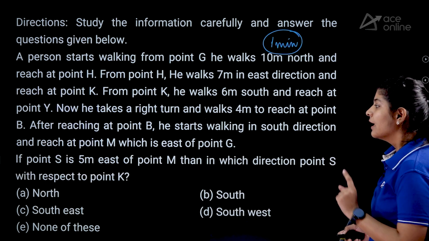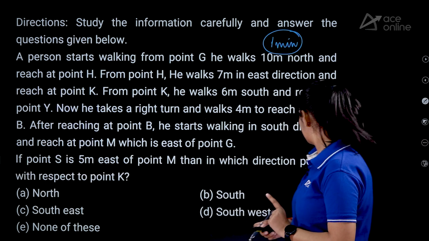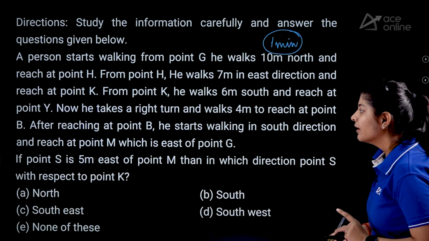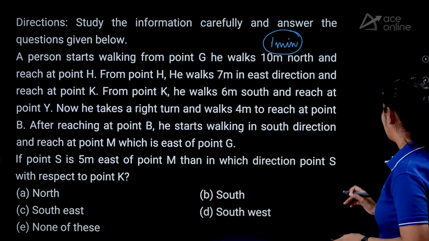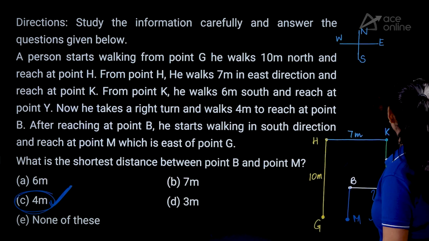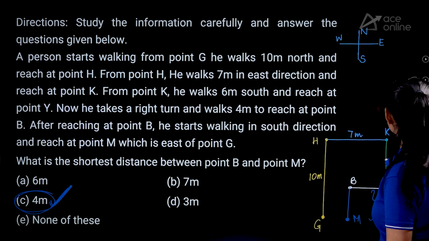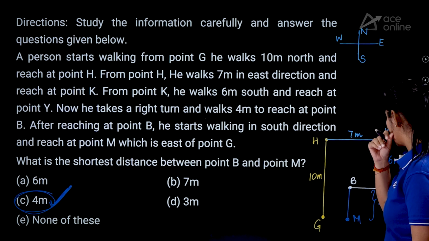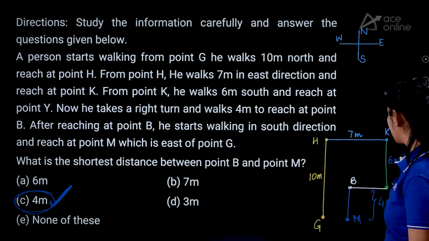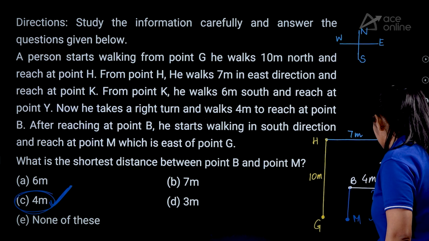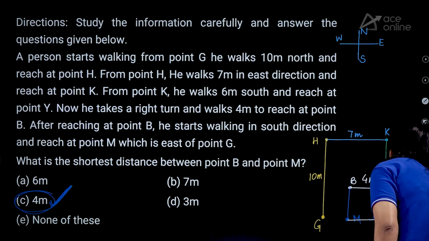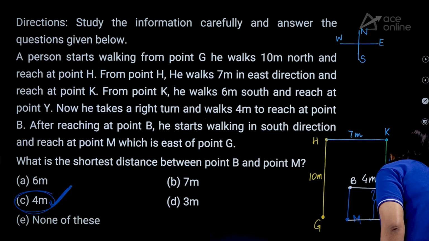Next, if point S is 5 meters east of M, okay, so we have to make point S as well. Now it is in the east direction. So if this distance is 4 meters, point S should be at this point.